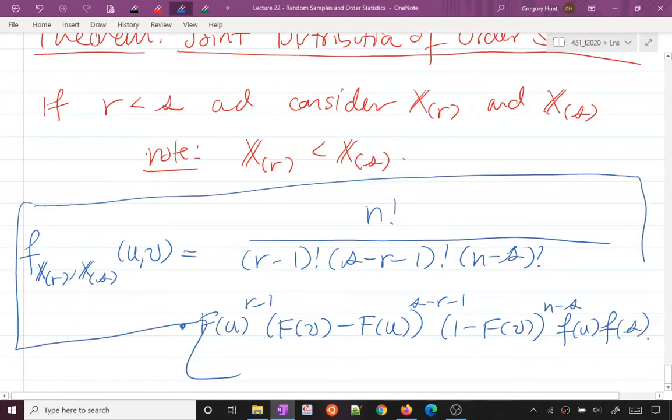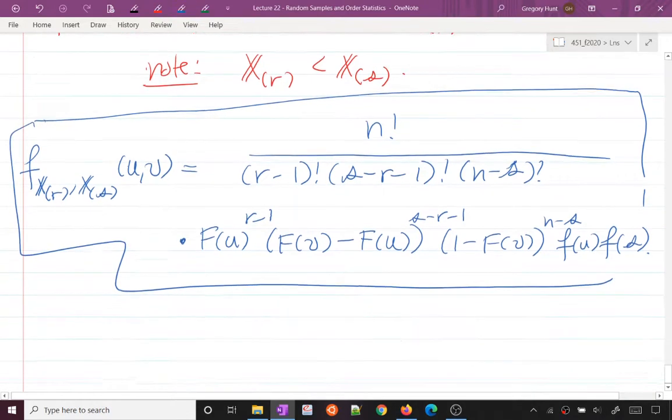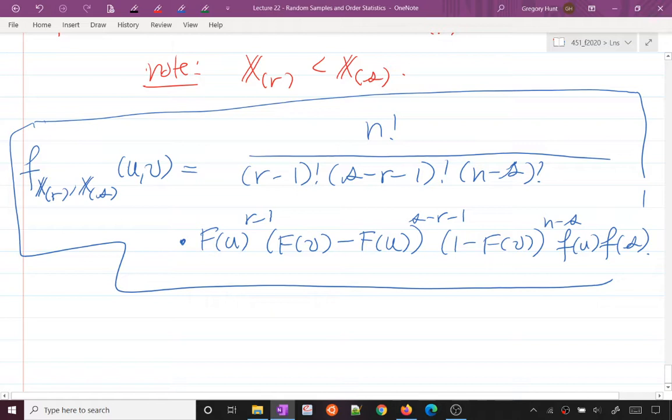So that is the formula. It's quite a lot. It has a similar flavor to the univariate case, but a lot more terms in it. And again, nothing you have to memorize.